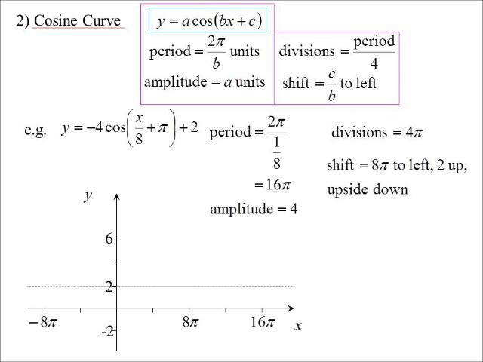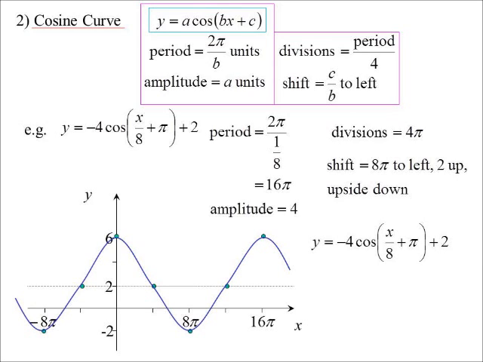Cosine curve, I would normally start at the amplitude. Now this one has been shifted 8 pi to the left, 2 up, but then it's upside down. So it's going to be down the bottom. So I'll plot it there at -8 pi, -2. We then go up to the axis, and then up and down, like our curve.